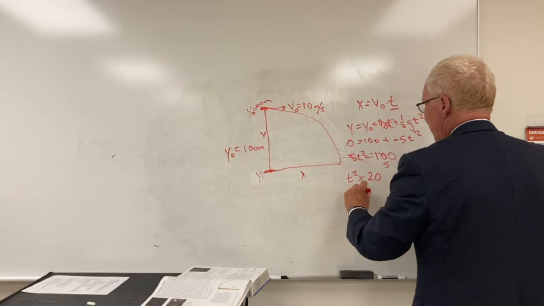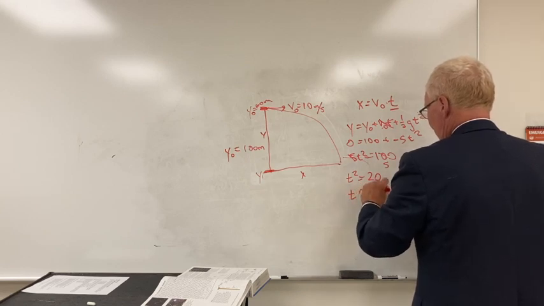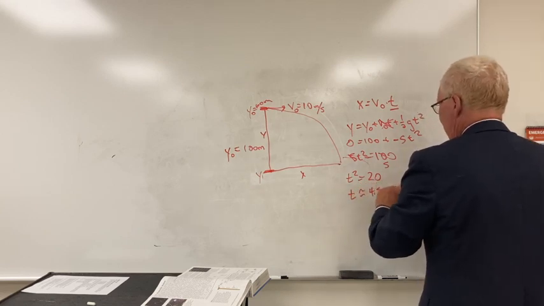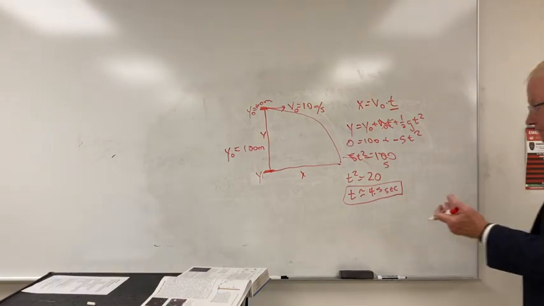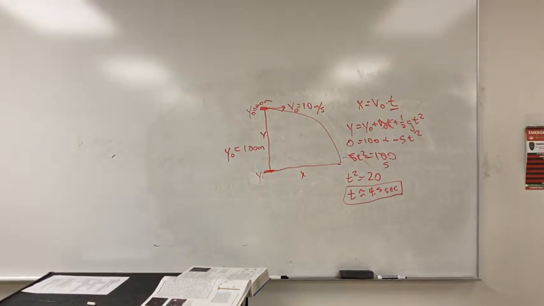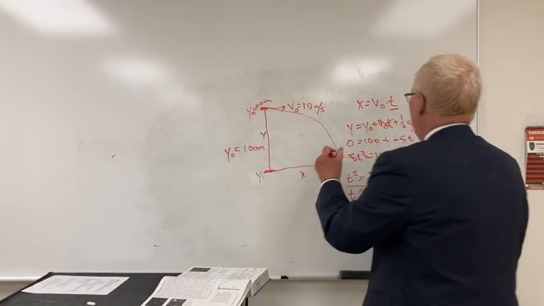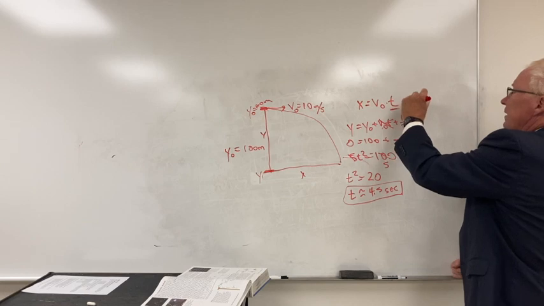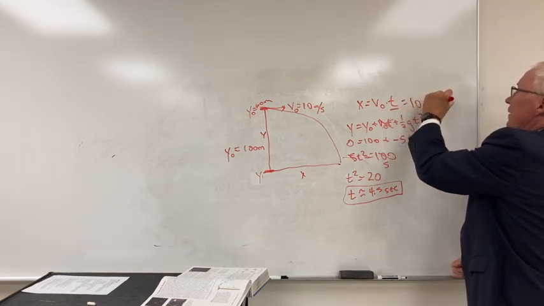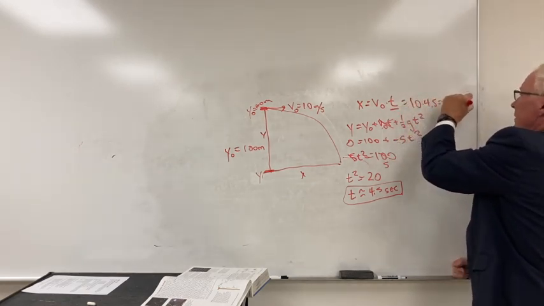T then is approximately 4.5 seconds. And then what's X going to be? X will then be 10 times 4.5, which would be about 45 meters.